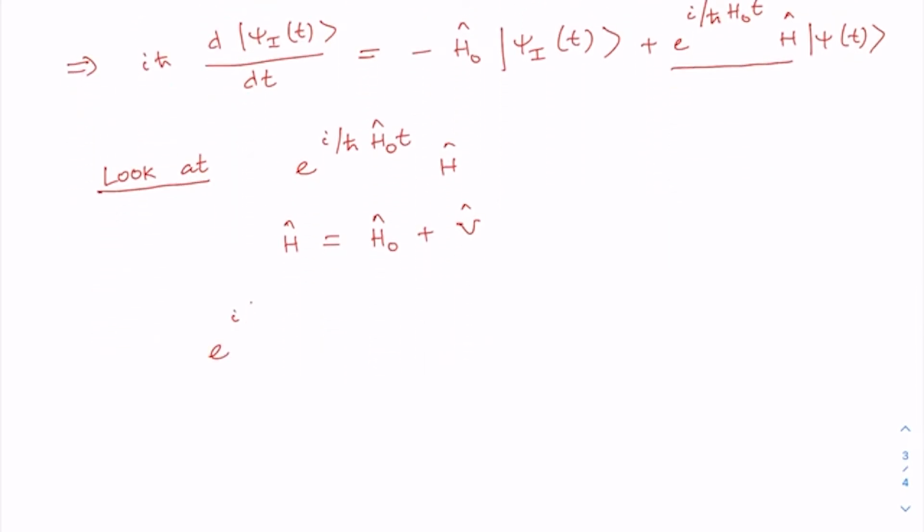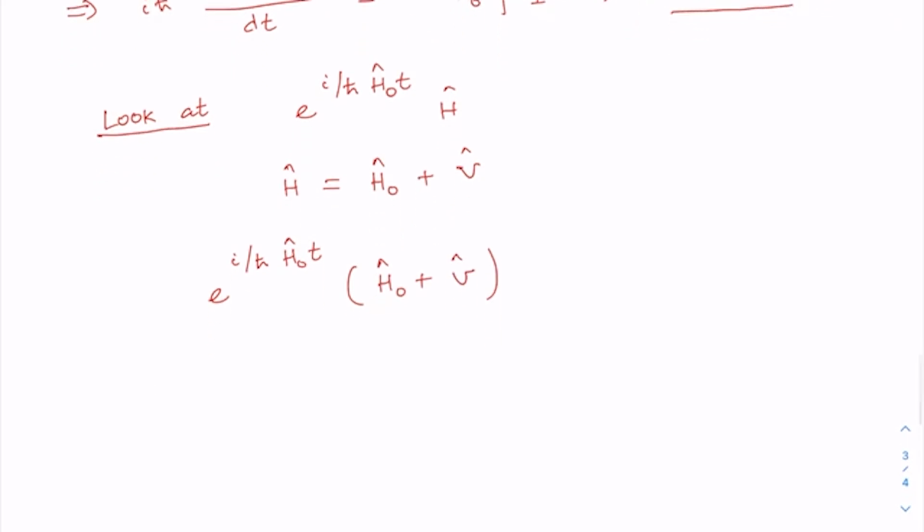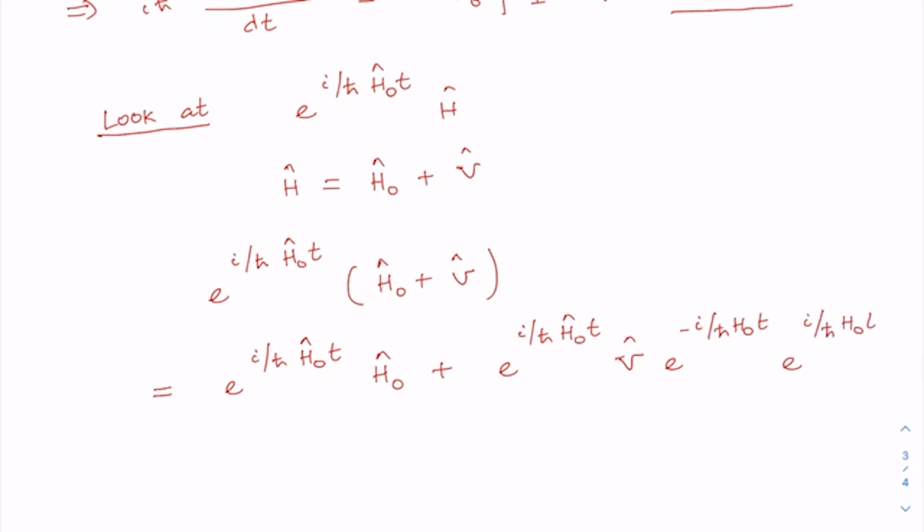I just put H0 plus V here, and if I open it up I will get e^{iH0t/ħ} H0 plus e^{iH0t/ħ} V. Now here I write e^{-iH0t/ħ} and e^{+iH0t/ħ}, and this is the identity, so I can do that.